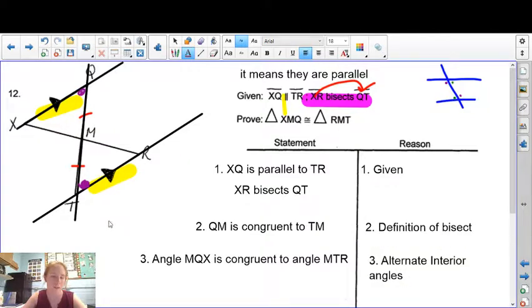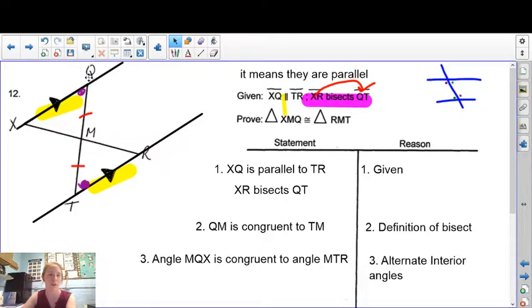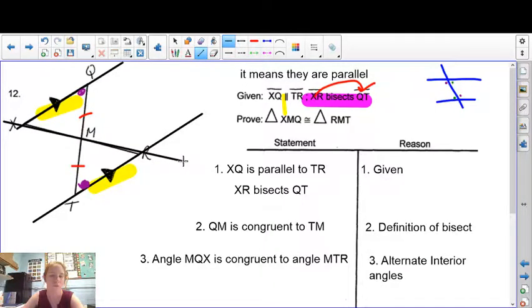But wait a minute. What happens if I were to pretend XR was my transversal instead? Wouldn't that still give me the same information? Ignoring Q and M, ignore that line. Don't I still have another transversal and parallel lines?